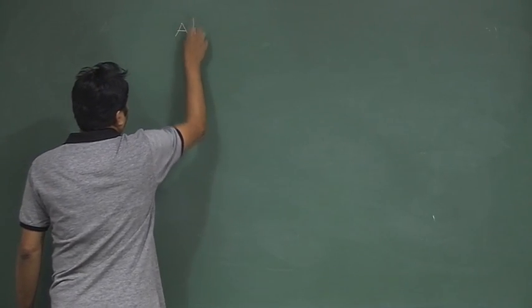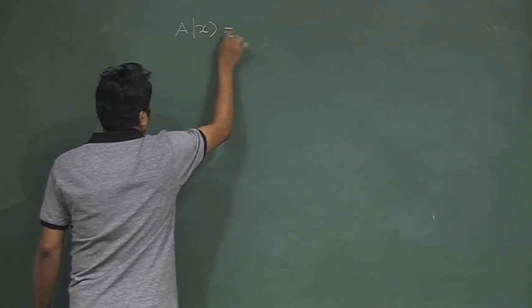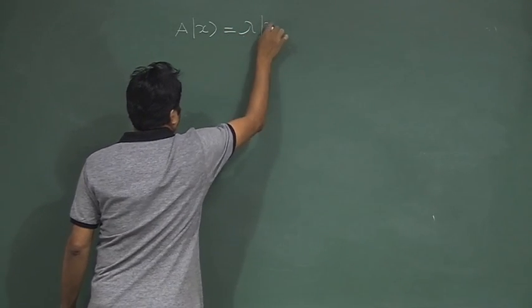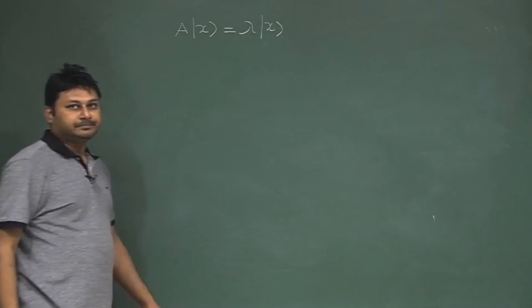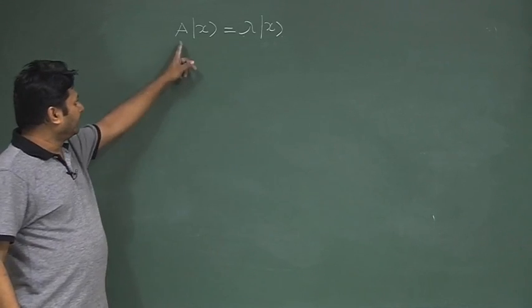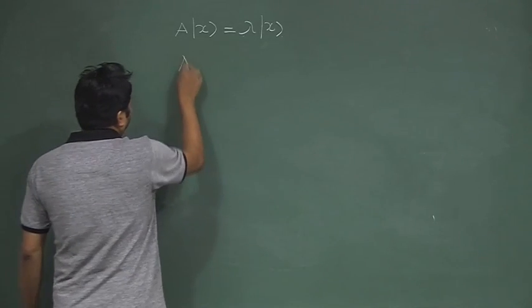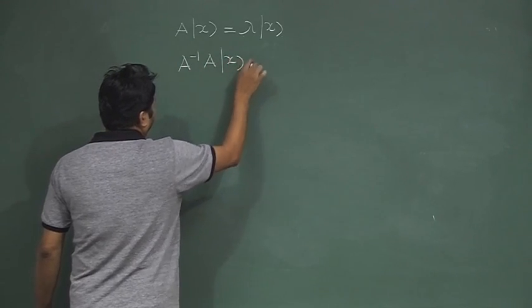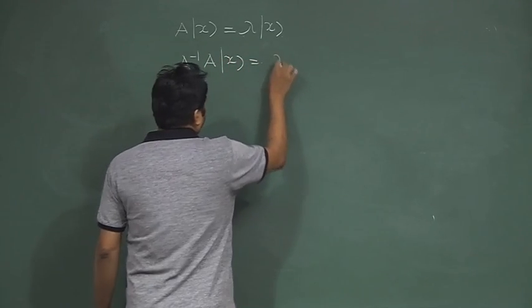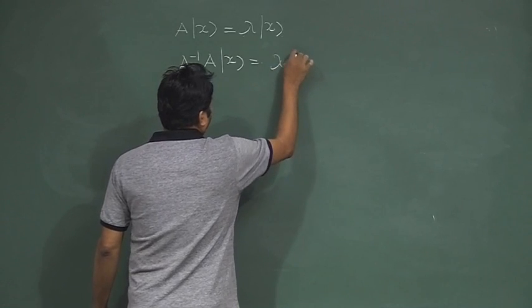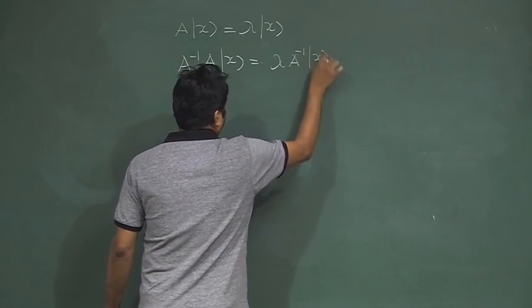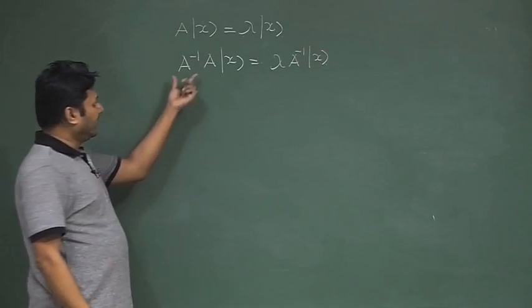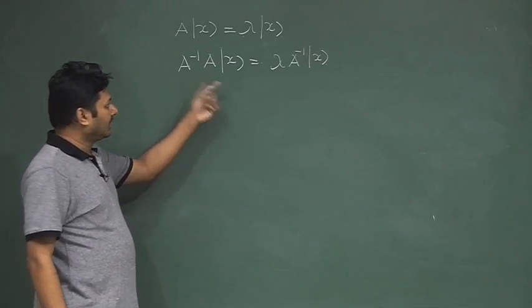Fine. Another simple thing, quick and simple. The same equation I am writing, and for this equation if I operate say A inverse on x, then I have lambda A inverse x. A inverse A is 1.